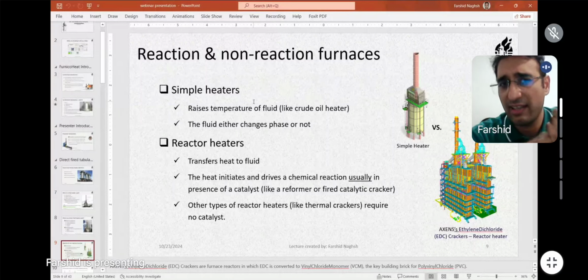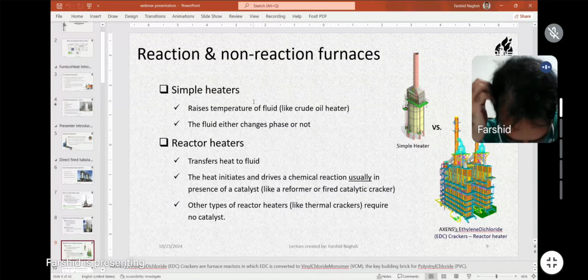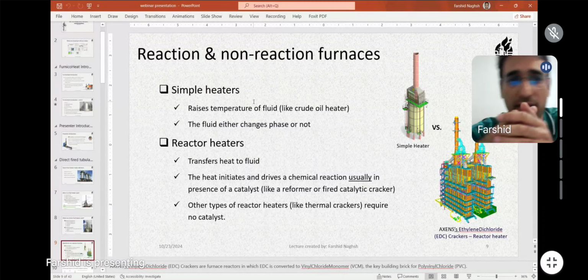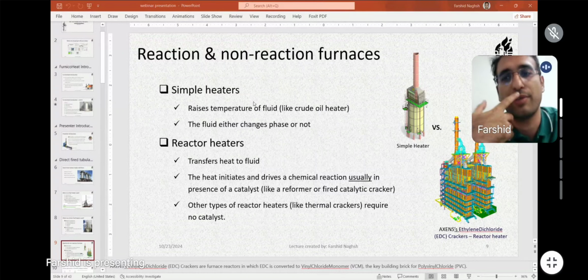Maybe you send the liquid and you receive a two-phase fluid. And maybe you send the liquid and then you receive a gas. So this is the work of the simple heaters. They increase the temperature. The phase may change or may not change. This is what a simple heater does.